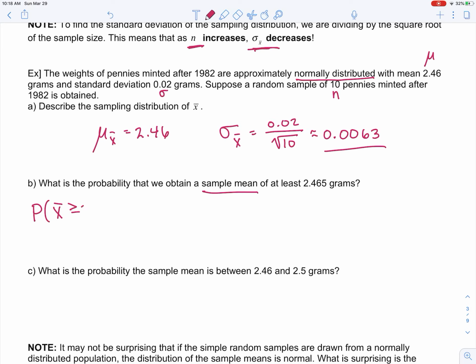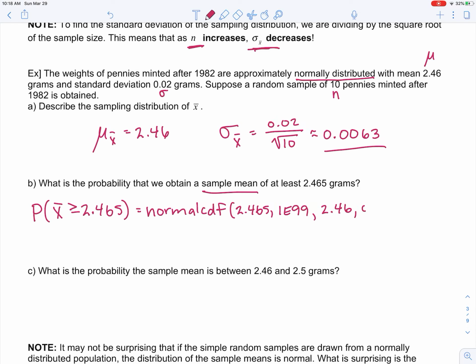So it's asking us to find the probability that x bar is greater than or equal to 2.465. So we're going to use normal CDF to do this. So we need four things to do a normal CDF. We need the lower bound, which was given as 2.465. The upper bound, there isn't one. It will be infinity, which we use 1e99.